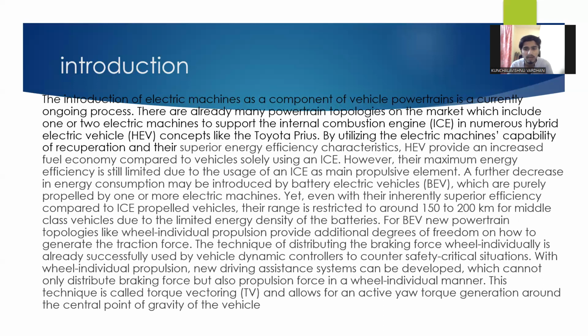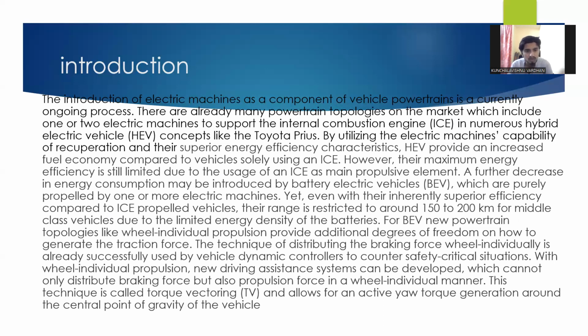For battery electric vehicles, new powertrain topologies like individual wheel propulsion provide an additional degree of freedom in how to generate traction. Like the technique of distributing the braking force to each wheel individually, new driving assistance systems can be developed which can distribute not only braking force but also propulsion force in a vehicle-individual manner.